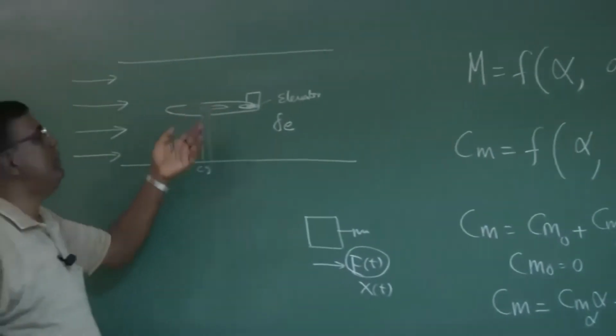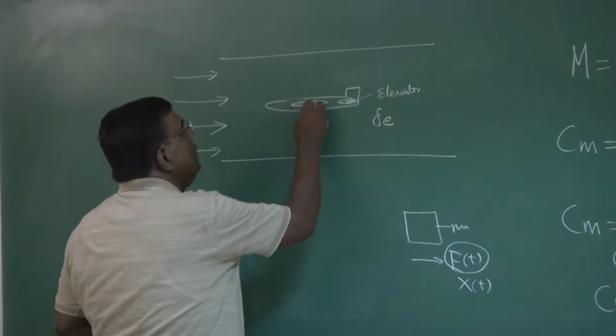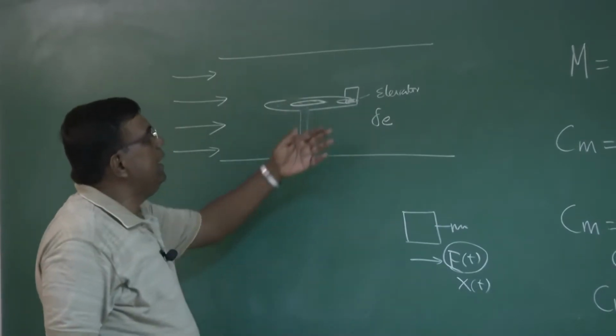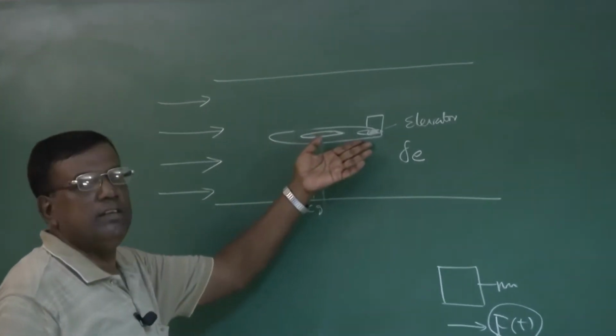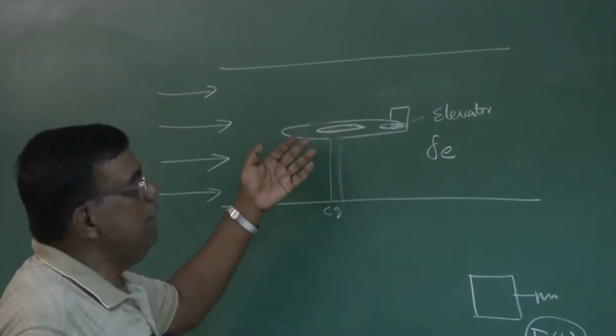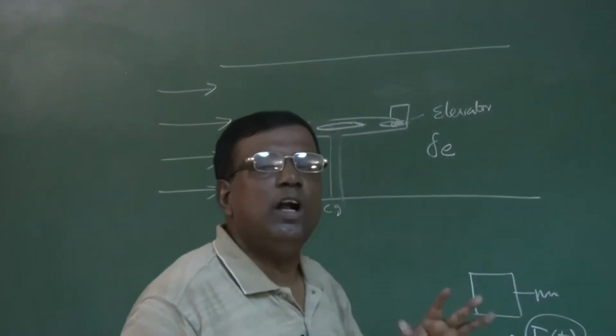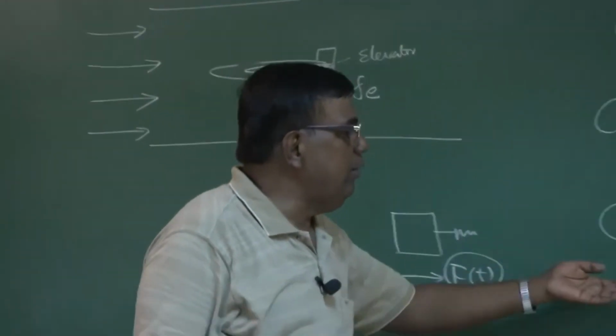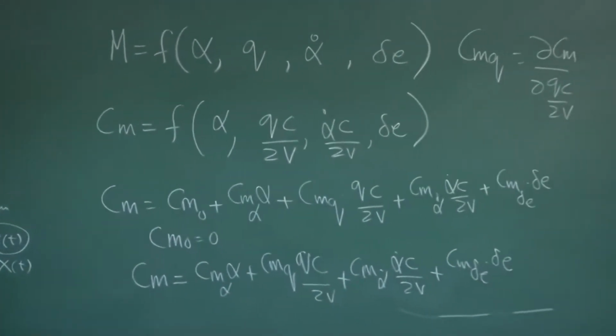If my wing is symmetrical, tail is symmetrical, the body's fuselage is symmetrical, everything is symmetrical, then naturally at alpha equal to 0 there will not be any Cm, so I can always put Cm not equal to 0.